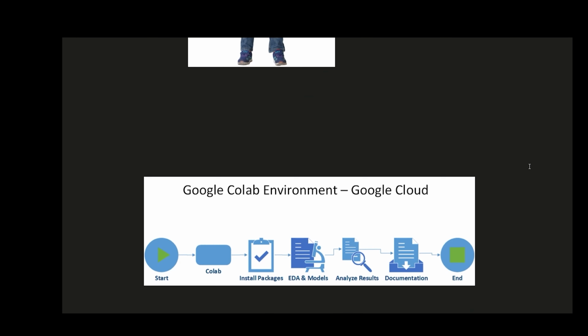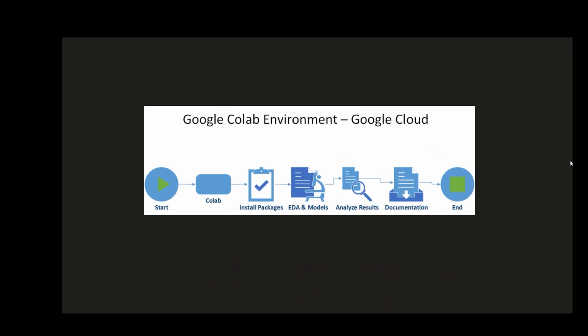So far we have learned how to set up the environment, and once the environment is set up, we can create our models. We can run our exploratory data analysis, which is called EDA, and then run different models, regression, classification, or clustering algorithms, and then document the results through Colab.